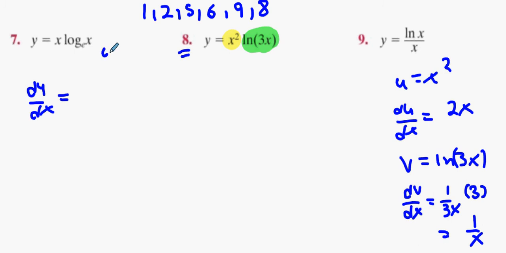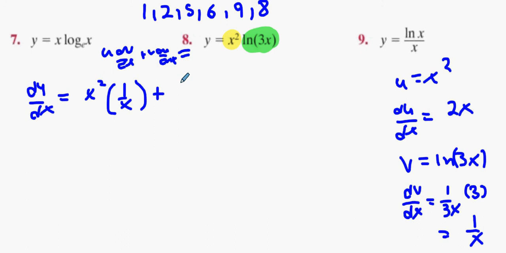Now we're going to do the product rule. And we're going to get u times dv/dx plus v times du/dx. And here's what we get. x squared times dv/dx, which is 1 over x, plus v, which is ln 3x, multiplied by du/dx, which is 2x.